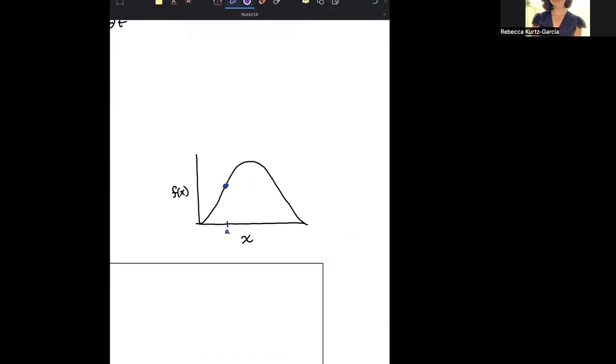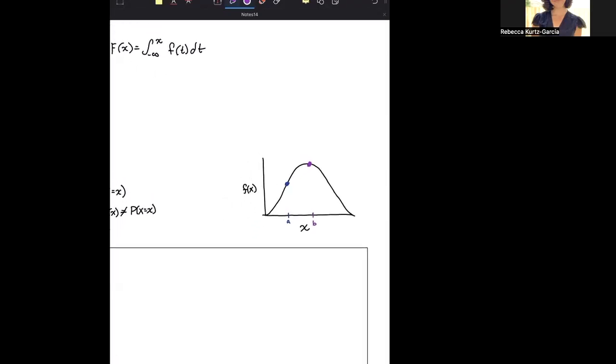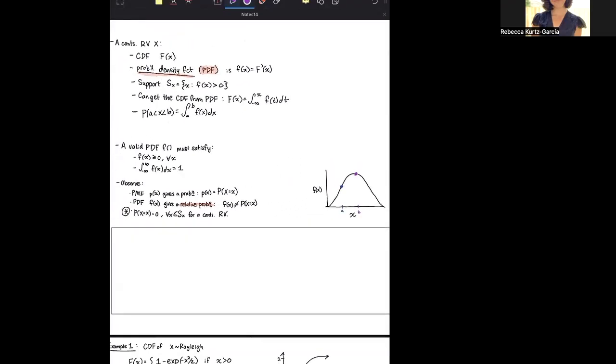And then we can pick another value, let's make it a little more obvious, b over here, with a different value. The PDF tells us that b is more likely than a because there's more mass, or more density, over here. It's a higher point along this curve, but it doesn't necessarily tell us the exact probability. So that's what I mean by relative probability.